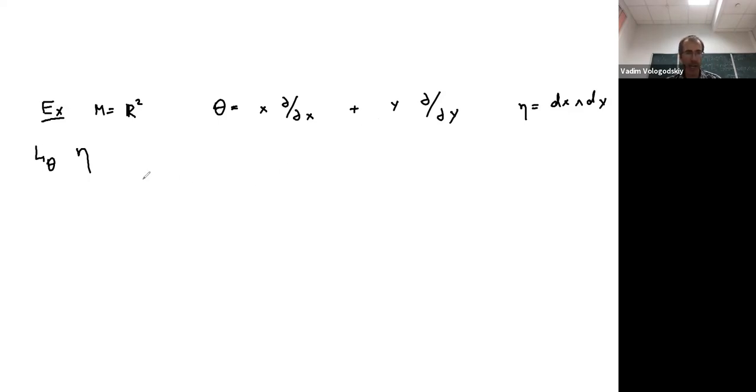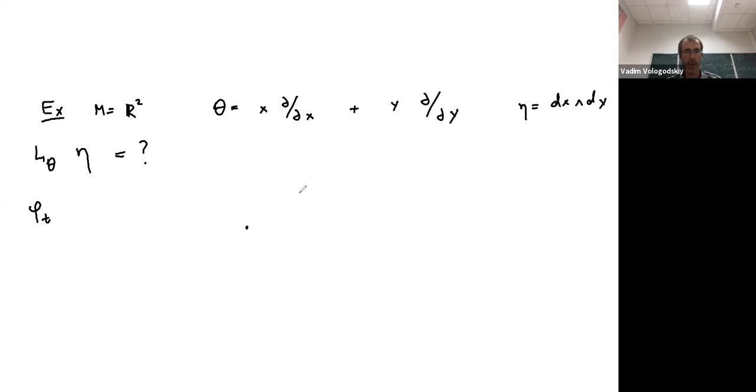So in this case, I can actually do this, and let's see how. Let's try to compute this by definition. So let's find phi sub t. So let's draw a picture of this vector field.